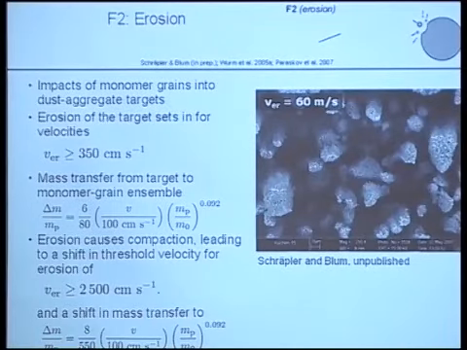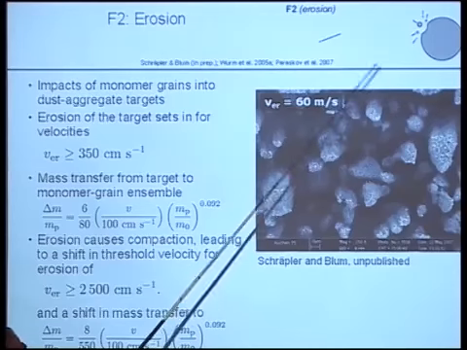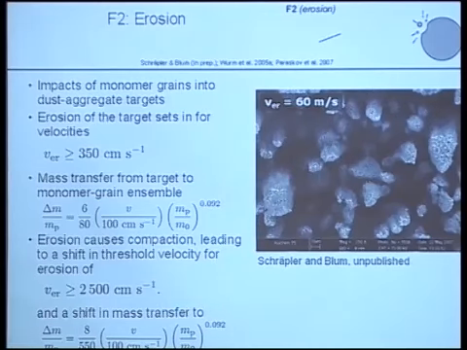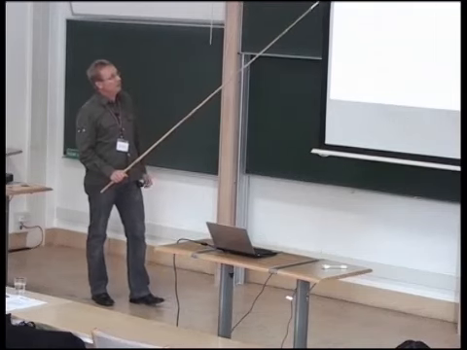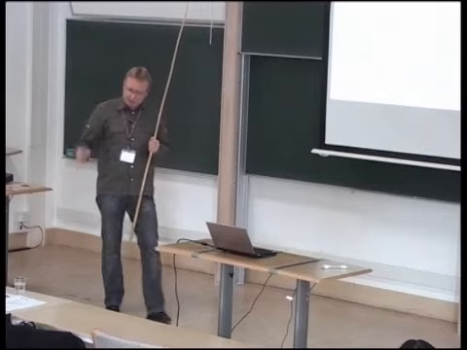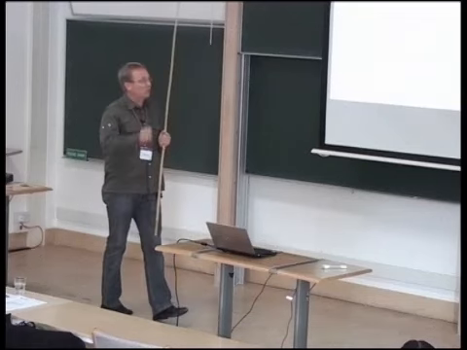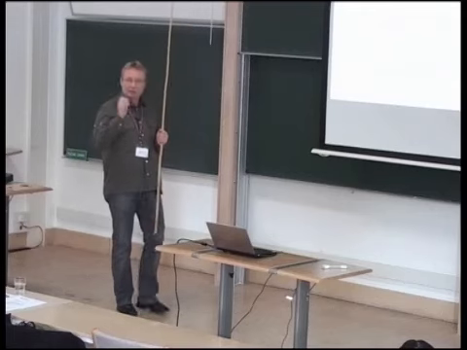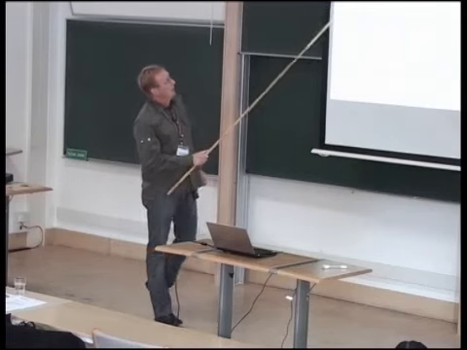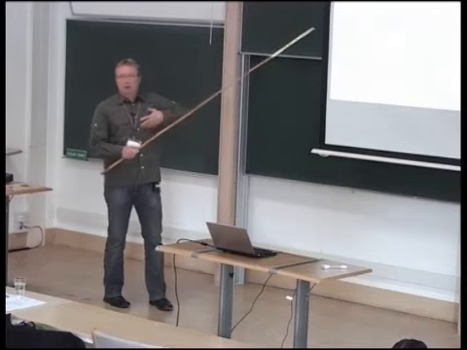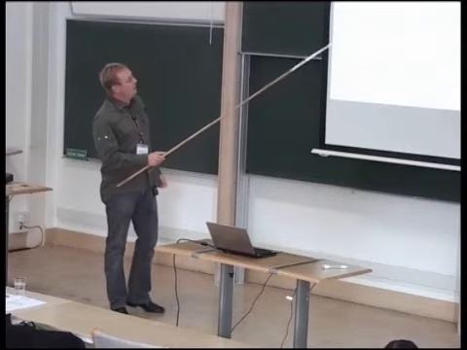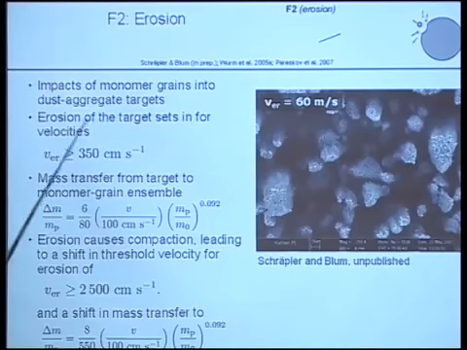Okay, erosion. This is also a case that Stuart mentioned. You have a small particle hitting a large target, but now this is a very small particle. We've done an experiment where we put a centimeter-sized high-porosity aggregate vertically downward looking into a jet, a beam of little monodisperse micron-sized particles, and we could change the velocities from a few meters per second up to even 60 meters per second, and we found out that above 3.5 meters per second velocity, the target is eroded away.